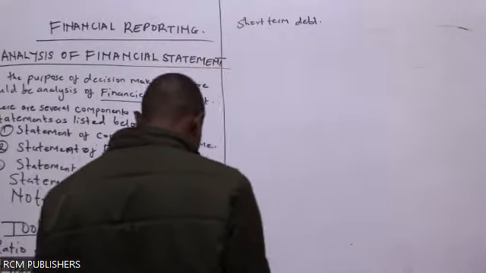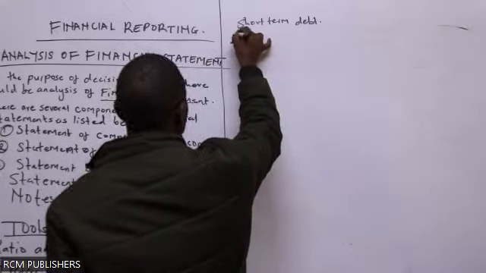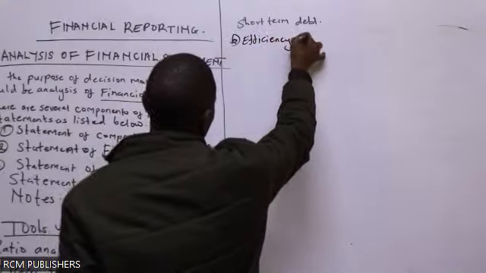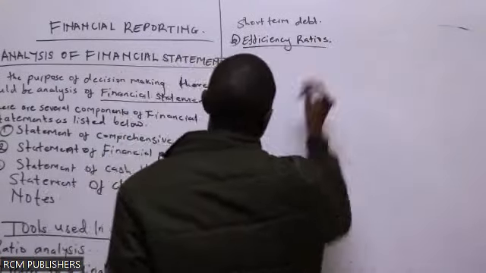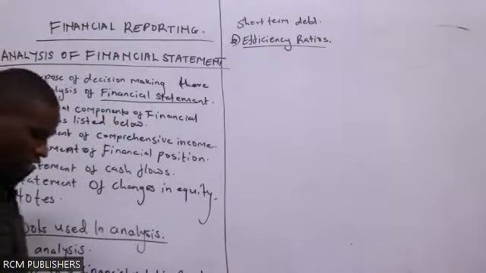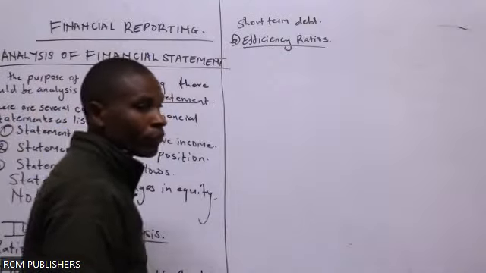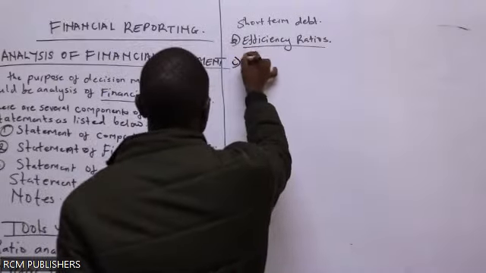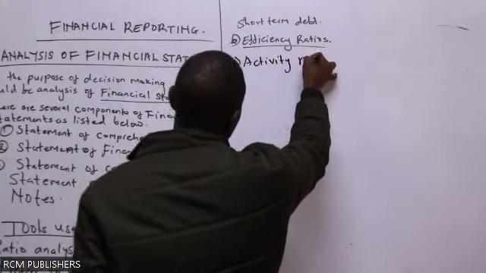Then we have efficiency ratios. Who can tell us efficiency ratios zinatumika kutuonyesha nini? Efficiency ratios, and then the other one is activity ratios.